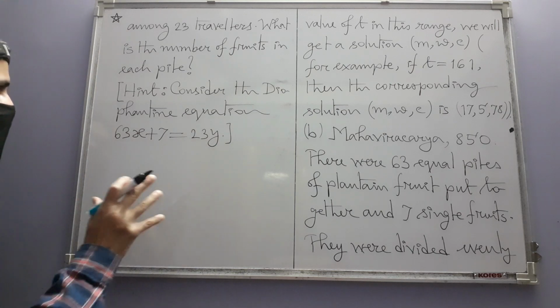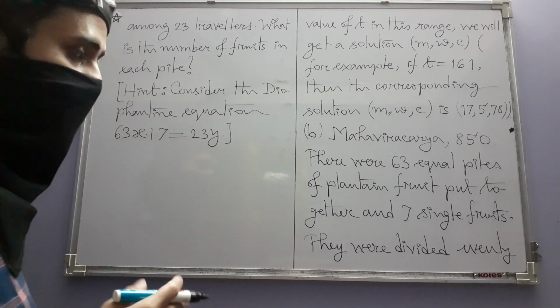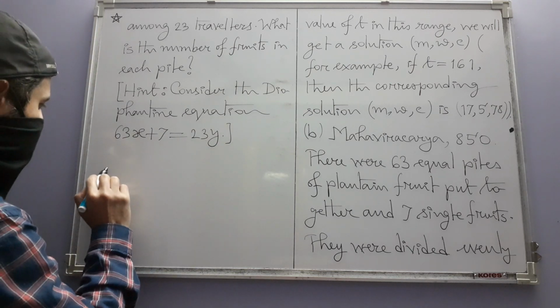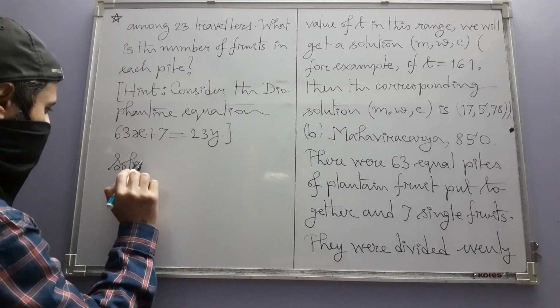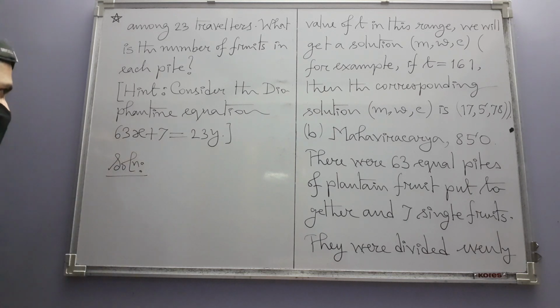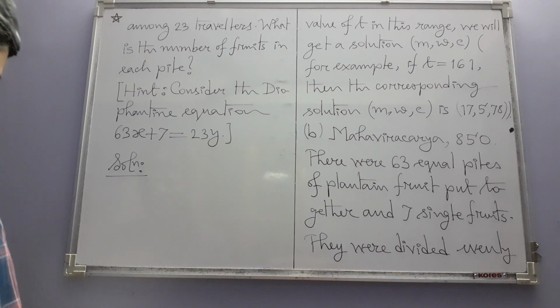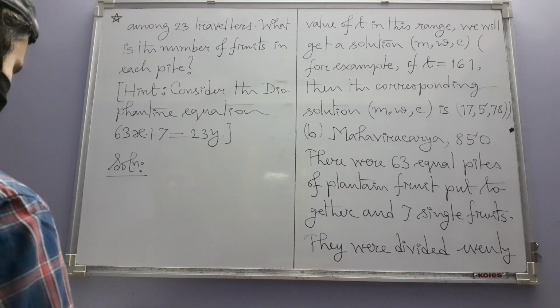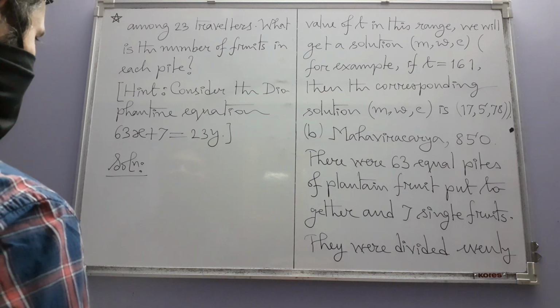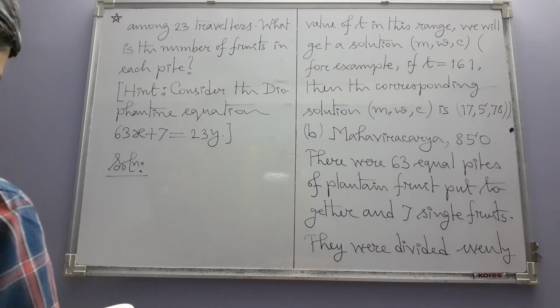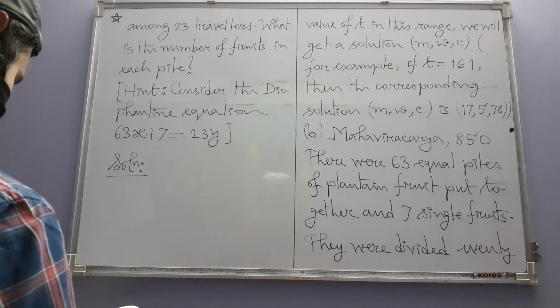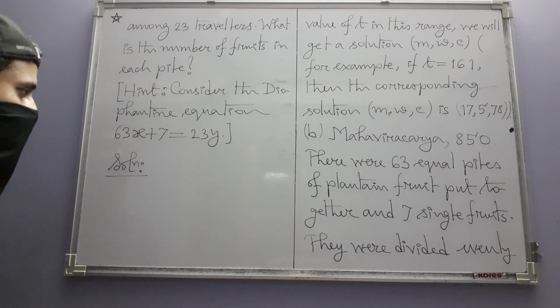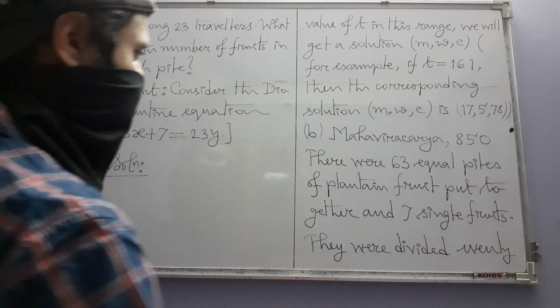But before considering the equation, we have to write what x and y are. So the solution starts like this: let there be x fruits in each pile, and each traveler got y of them.